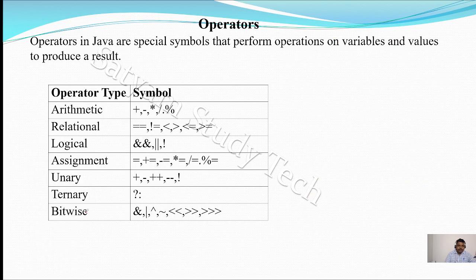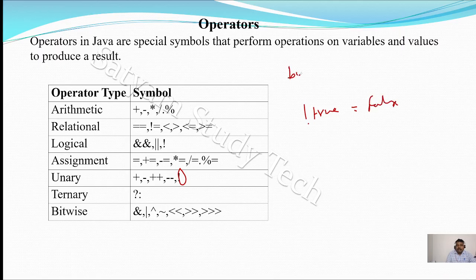Here you can see the unary operator, all these things. Now you can see the ternary operator. Here also it is a unary operator, right? For example, here you can represent true, and that means false.